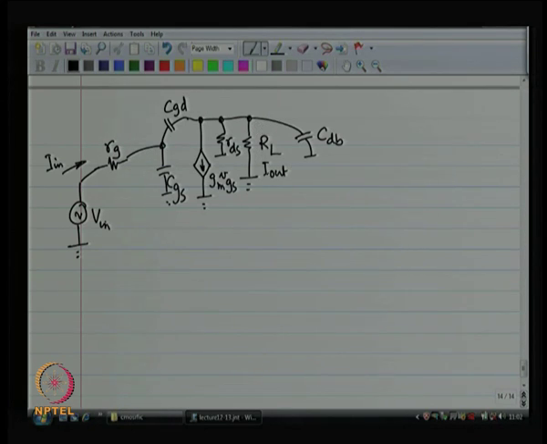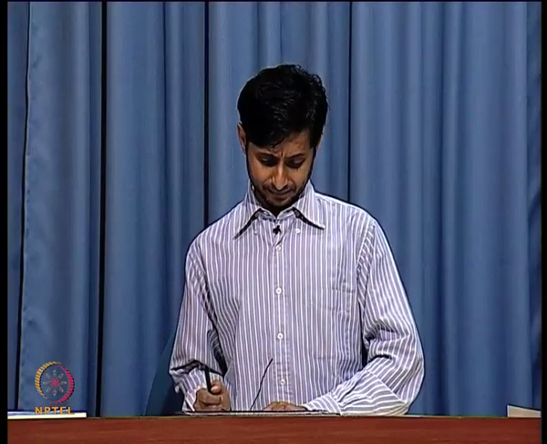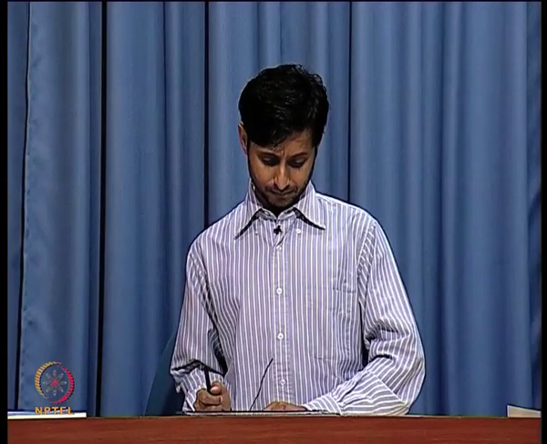That is going to tell me the power burnt on the load, and finally, that is going to give me my power gain, right. So, instead of starting with V in, why do not I start with pushing a current into the MOSFET? Can I push a current into the MOSFET? I can, right.